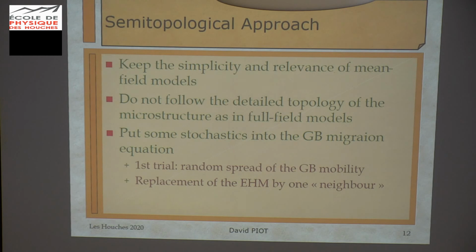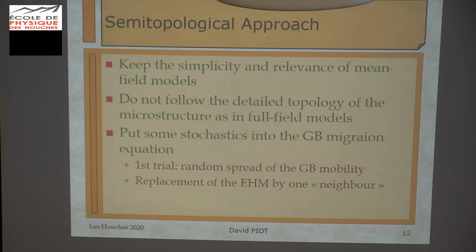And we obtained a better grain size distribution, but it is not enough, in fact. We have to have a very large spread to obtain a grain size distribution similar to experimental results.